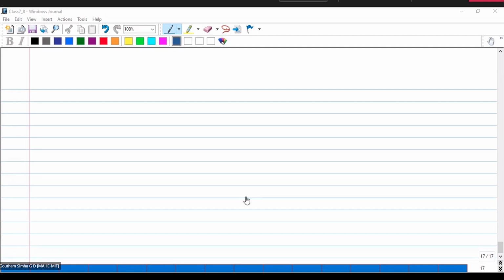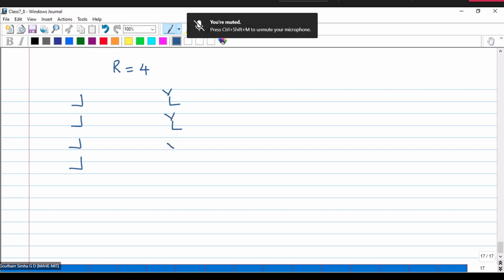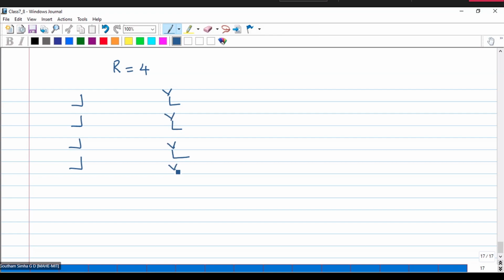It means if you have something like rank 4, at least you might have used 4 transmit and 4 receive antennas, isn't it so? If you are using NT cross NR as 4 cross 4, and you say the rank of my matrix is 4, it means H, whatever I have obtained, will be a full rank matrix, isn't it so?